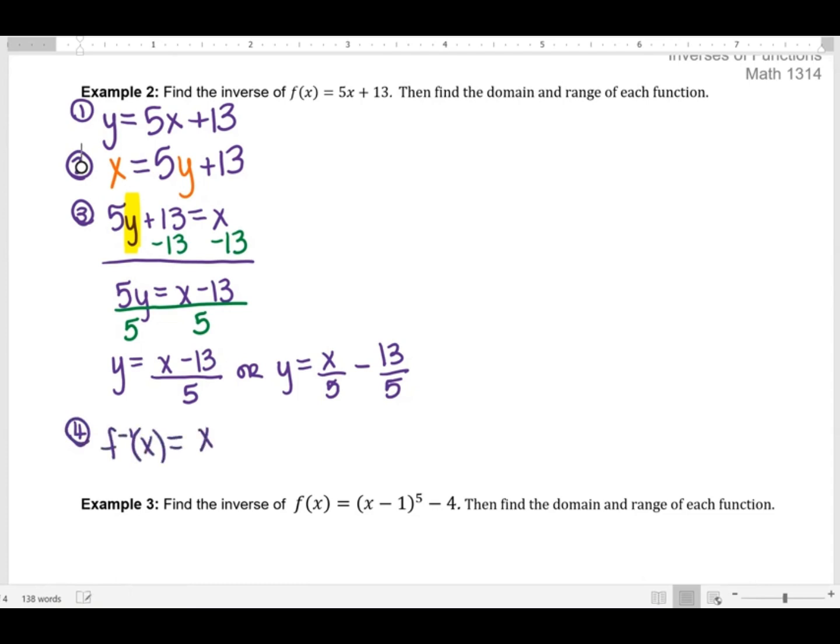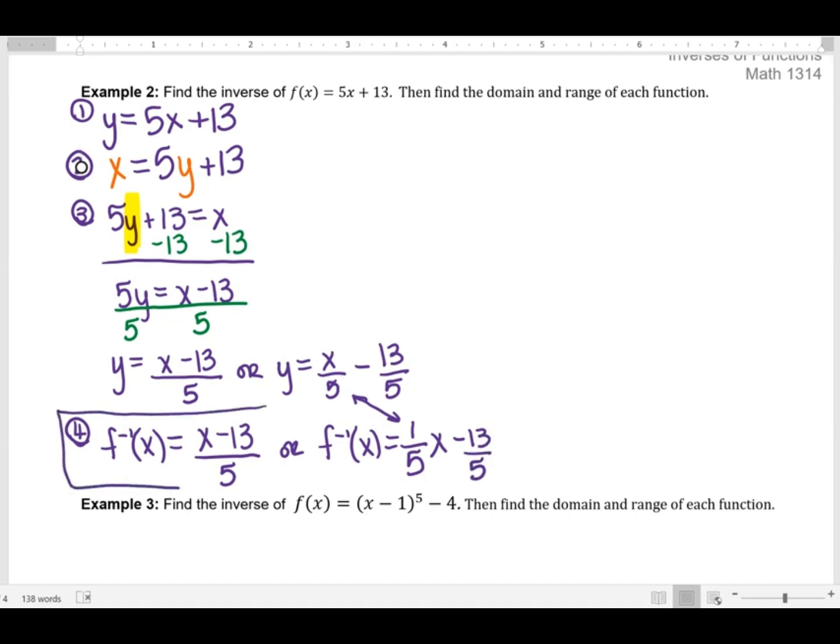So you either need to have f inverse is equal to x minus 13 over 5, or f inverse is equal to 1/5 x, or x over 5, minus 13/5. These guys are the exact same. Either one is fine, but remember to have your f inverse notation.